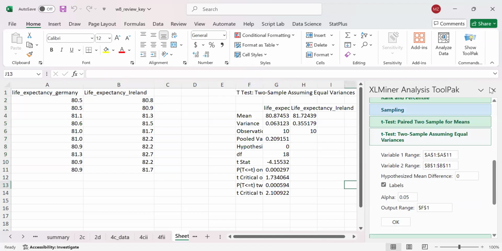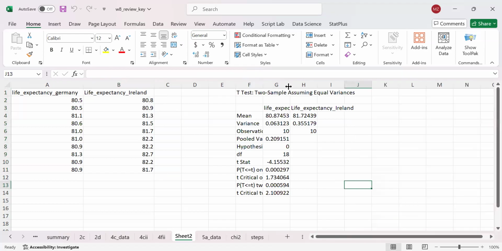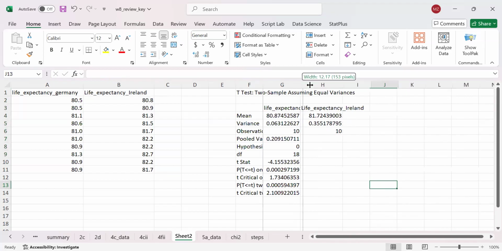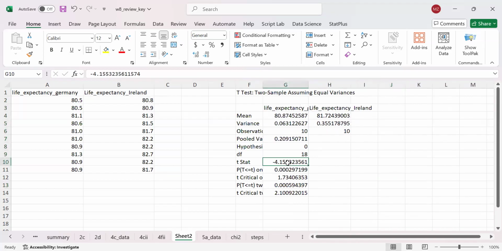So now you'll get this. The t value is negative. That means the life expectancy of Germany is lower than the life expectancy of Ireland. That's the first thing we check. And the p value is less than 0.005.